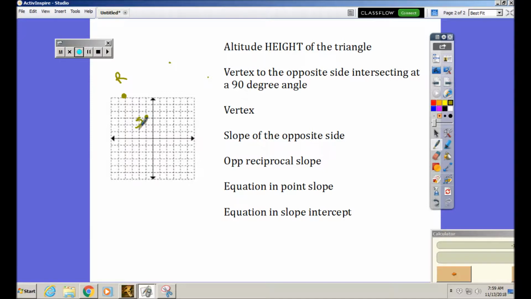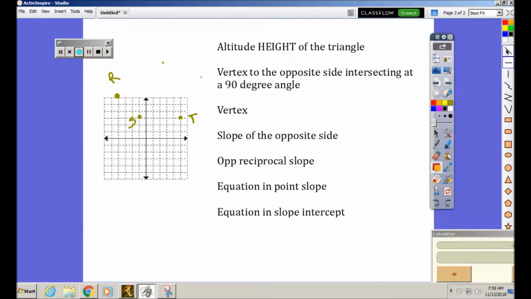And we were given T at 5, 3. 1, 2, 3, 4, 5. 1, 2, 3. When I connect those lines, S to T is straight across. Oh, that's nice.